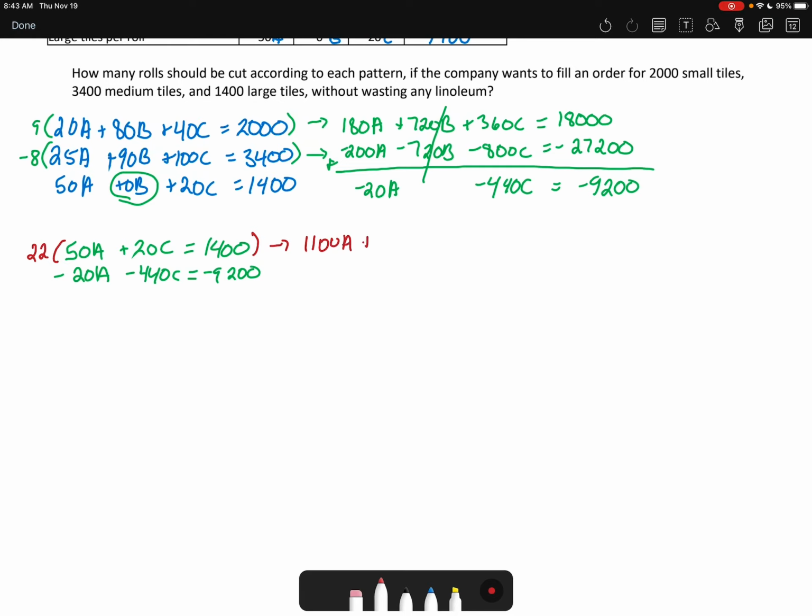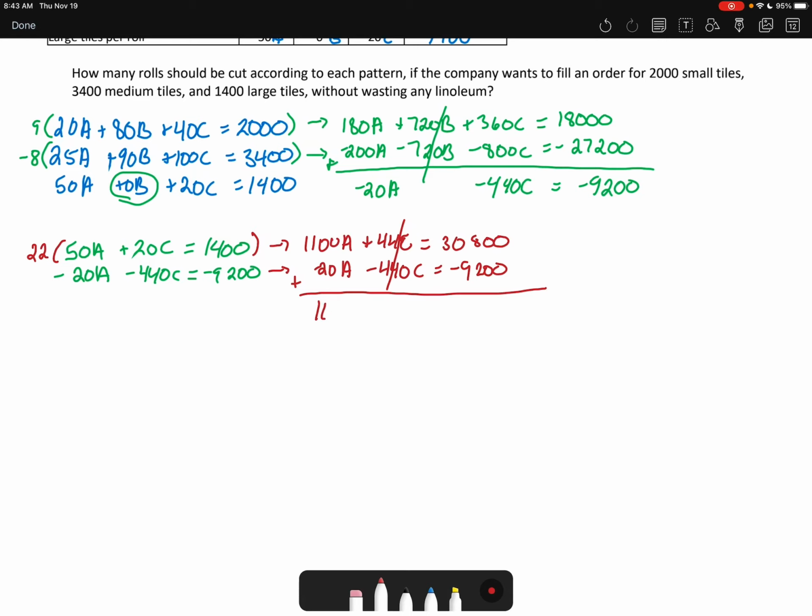1100A plus 440C equals 30,800. Bring the second equation over, -20A minus 440C equals -9,200. Add those together to cancel the C's.